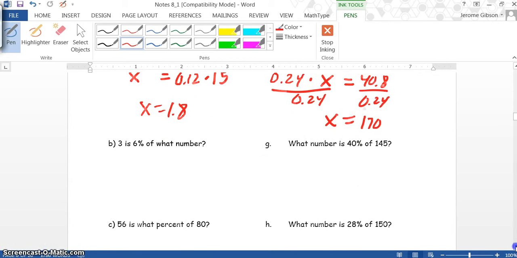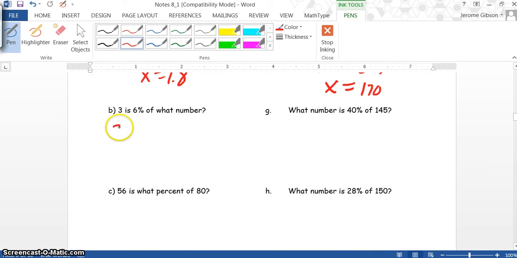Now, we come here to B. It says 3 is means equal 6%, which is 0.06, of means multiplication, and what number is your variable. Now we divide each side by 0.06, and we will have x is equal to 50.